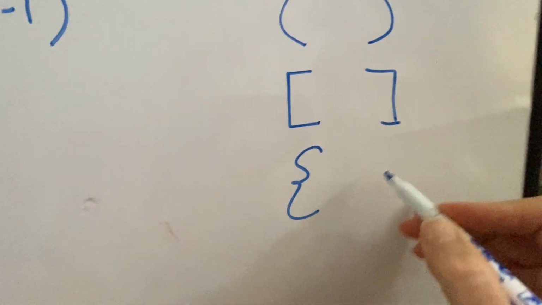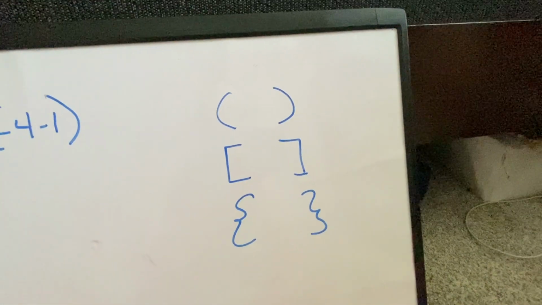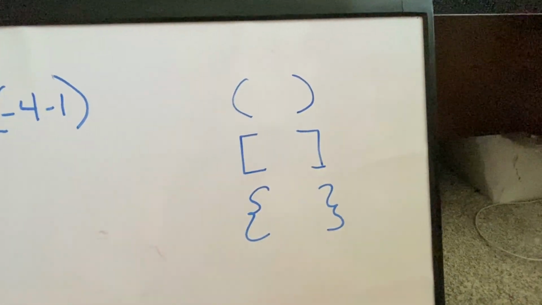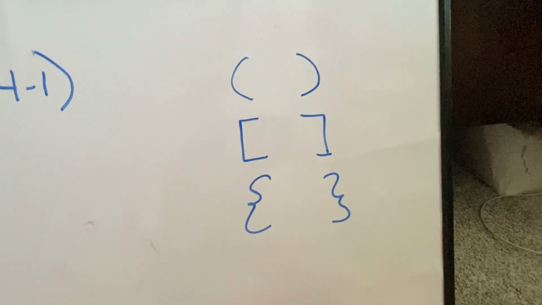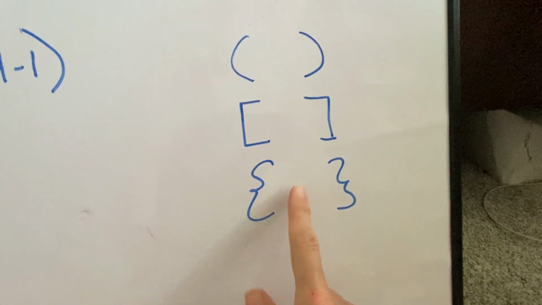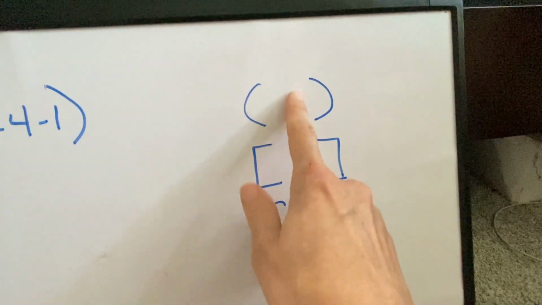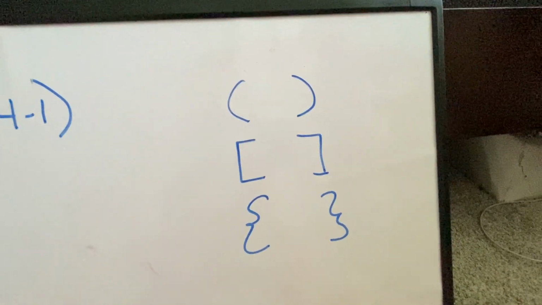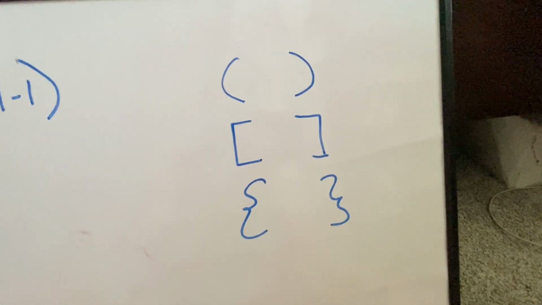Not exactly sure what you call these, but sometimes you'll see these in your math problems, and those are all symbols of inclusion. They just are going to put something that they want done first in here, or in either of these kinds of things in the middle of your equations. And it's just to say, hey, focus on the stuff inside of here first.